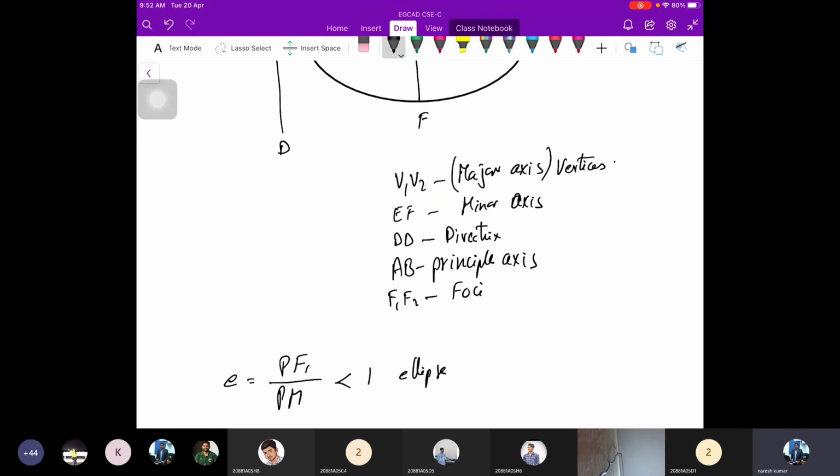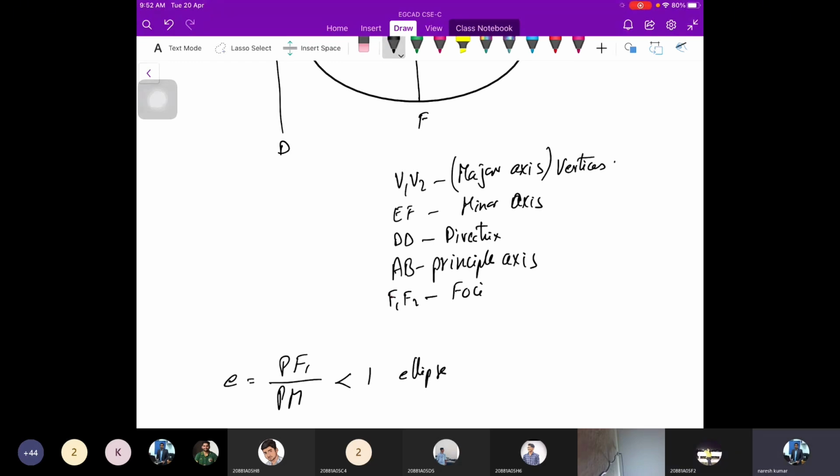That is the general method. Any doubt till now? So how do we define eccentricity E?